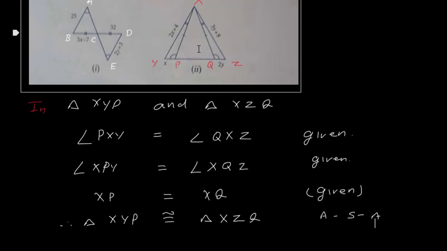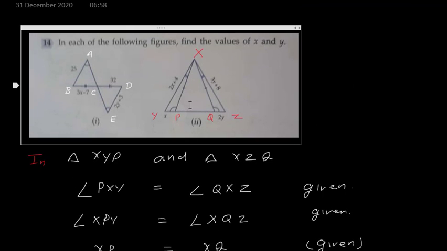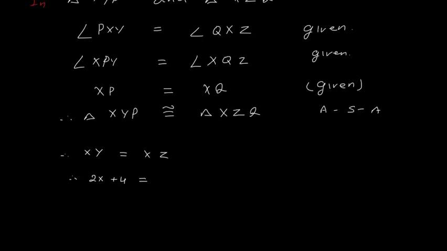Therefore, XY is equal to XZ. Now XY is 2x plus 4, so therefore 2x plus 4 is equal to 3y plus 8.